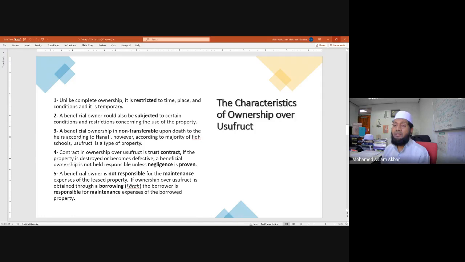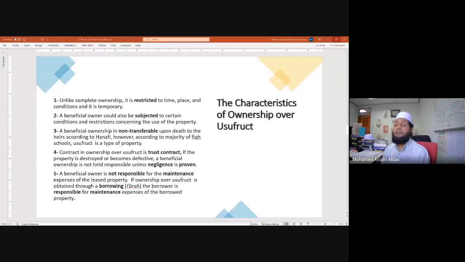Why keep it under the father's name? Because tomorrow if there is anything, the father won't come back, right? So it will be better to go and renew the contract under your name, so that you are the owner of the usufruct. You are the beneficial owner of the shop.